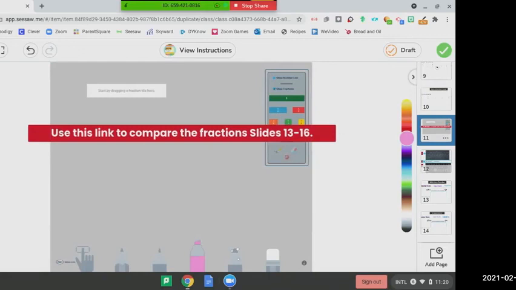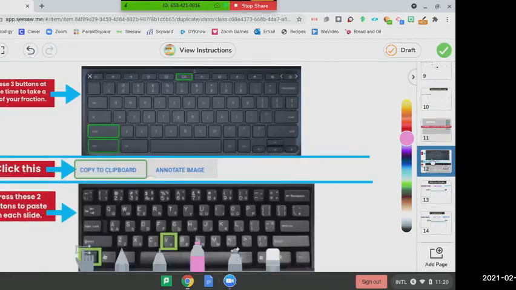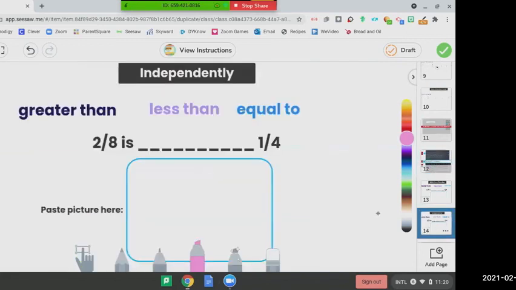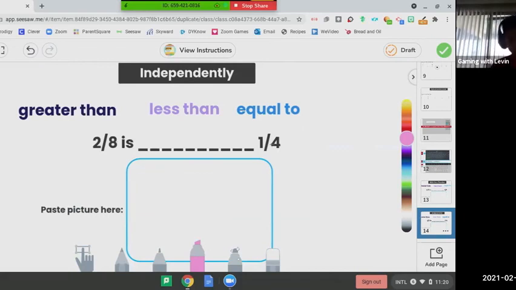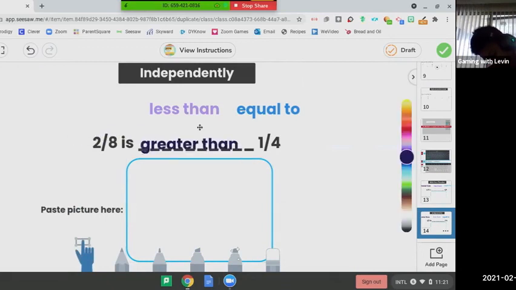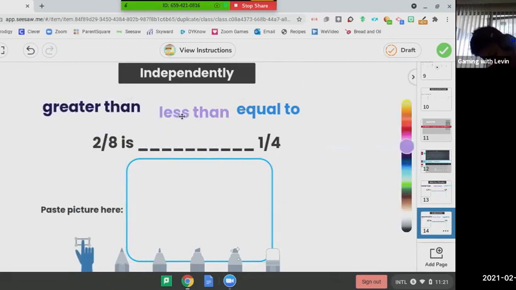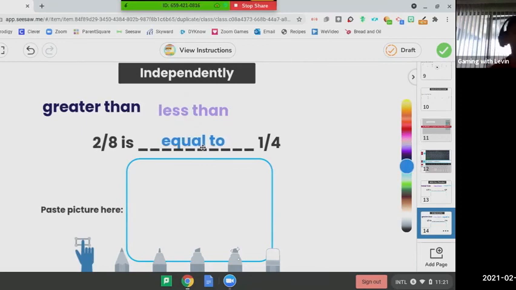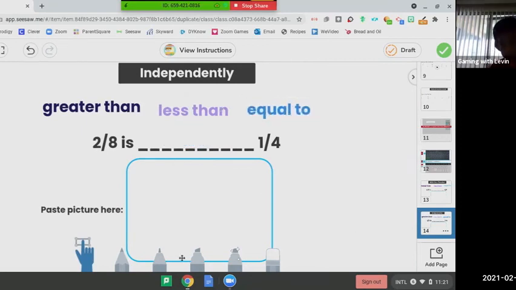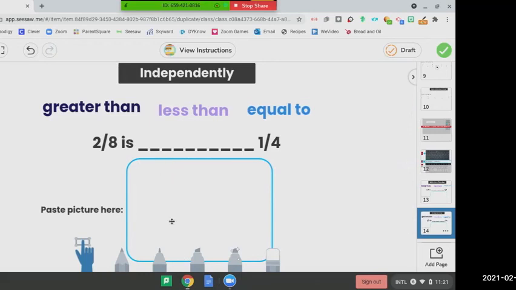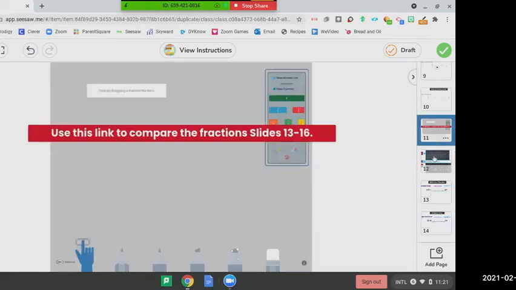And you're going to use that tool to take screenshots of different fractions today, proving that they are equivalent. So you're going to create 2/8 and 1/4. You're going to let me know if 2/8 is greater than, less than, or equal to 1/4. And you will also be pasting a picture of it here, of the work that you create on that screenshot of that website that we used yesterday.